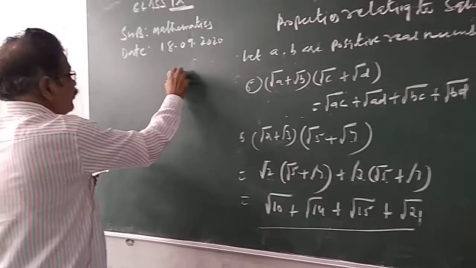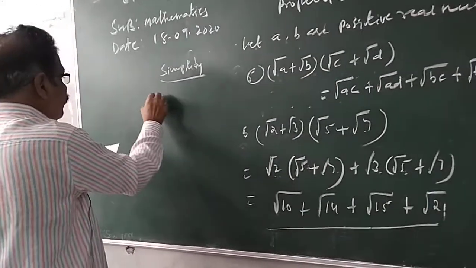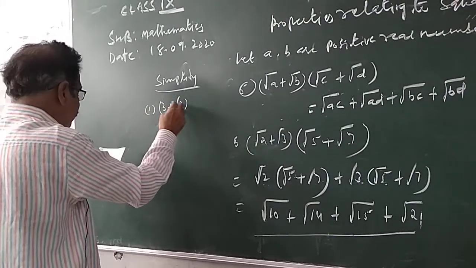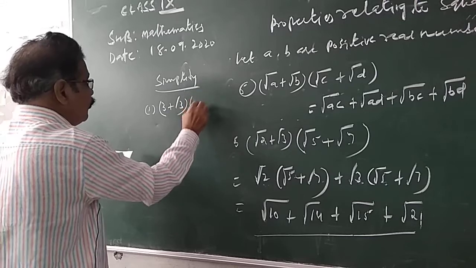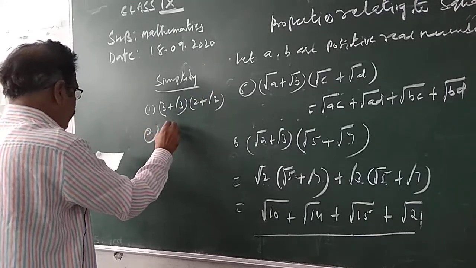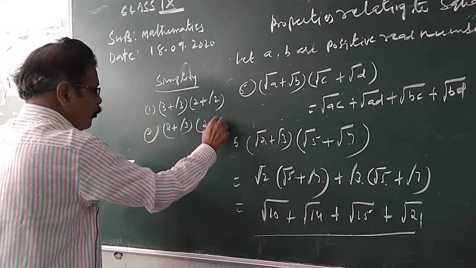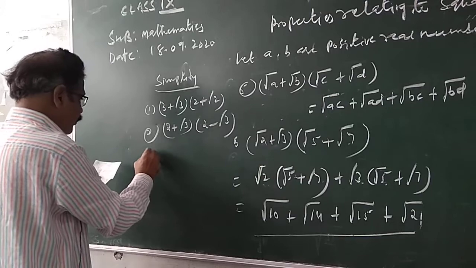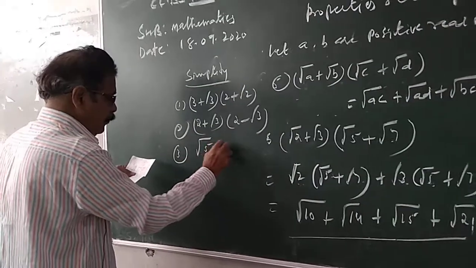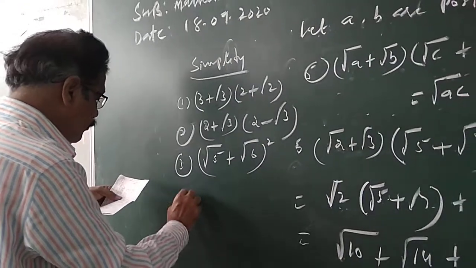Simplify. Children, note this down. One: (3 plus root 3) into (2 plus root 2). Two: (2 plus root 3) into (2 minus root 3). Three: (root 5 plus root 6) whole square.